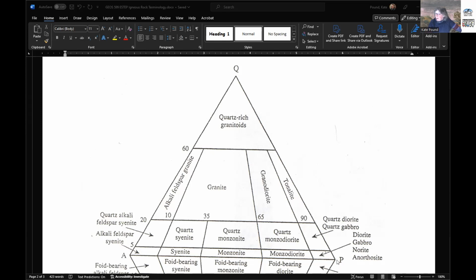So we're saying if we look at the relative percentage of those 3 minerals in a rock, these are the different names that get used. So up here, we've got almost 100% quartz. Over here, we've got 100% alkali feldspar. And to the right, we've got 100% plagioclase.